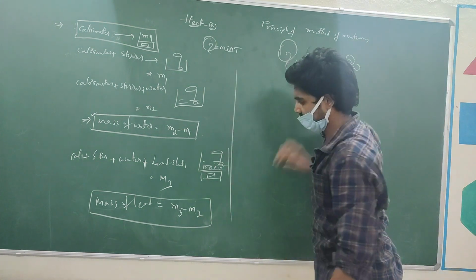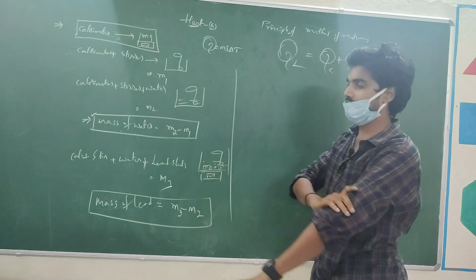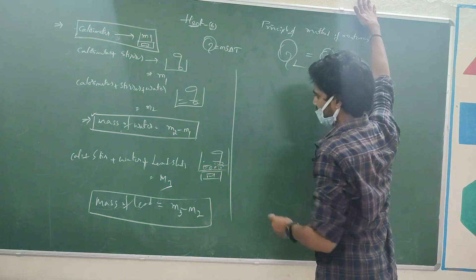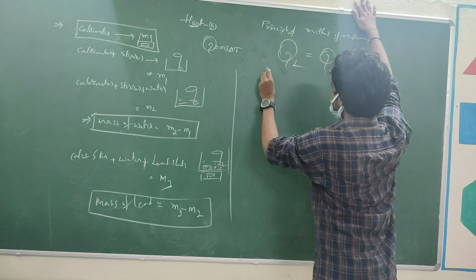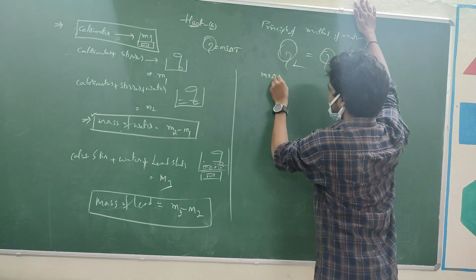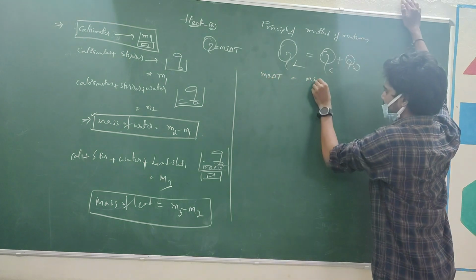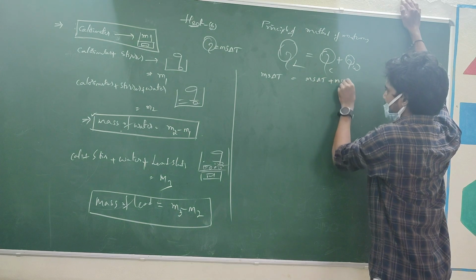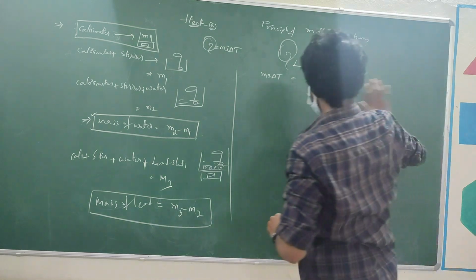So let's see here, in this case the mass of lead shots is m3 minus m2, okay, wonderful. Now Q has a formula, that is m s delta T is equal to m s delta T plus m s delta T, right. So I simply wrote it like this.